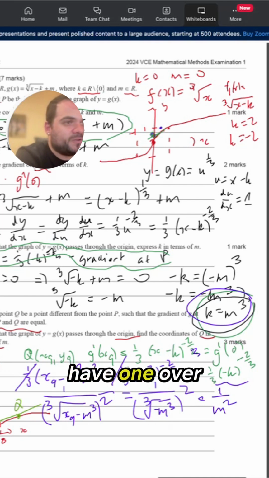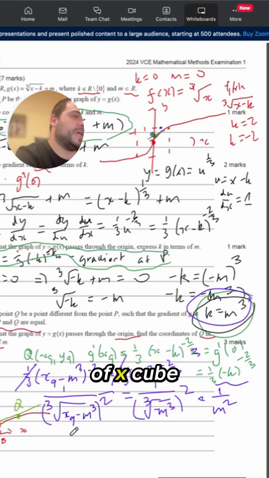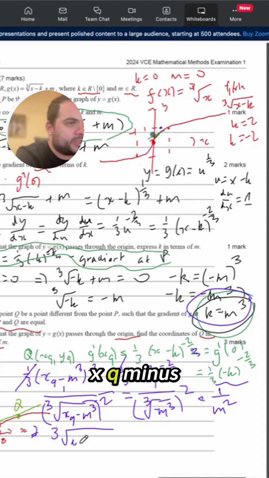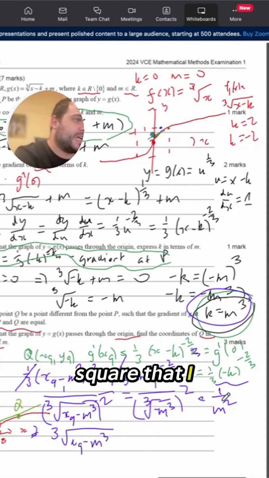So now I have 1 over the cubed root of (x cubed minus m cubed) squared is 1 over m squared. That implies that the cubed root of x cubed minus m cubed, when I square that, I should get m squared. So that is equal to either positive or negative m.